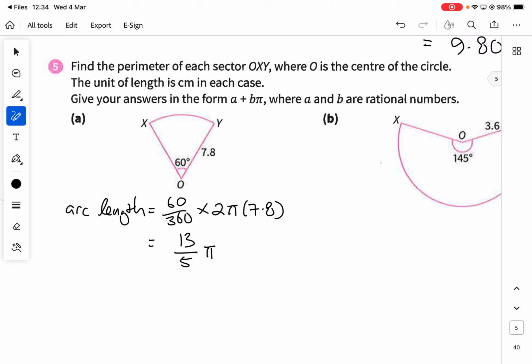Now I cannot key this whole thing inside the calculator, because this 13 over 5 times pi is a number which I haven't keyed the pi into yet. But the 7.8 plus 7.8, they are both numbers, so I can add them together. I don't add the pi term, I only add the 7.8 and 7.8. 7.8 plus 7.8 is 78 over 5, or 15.6.